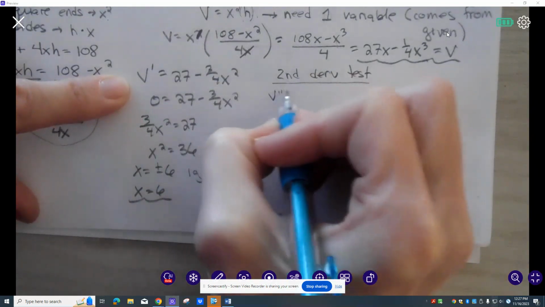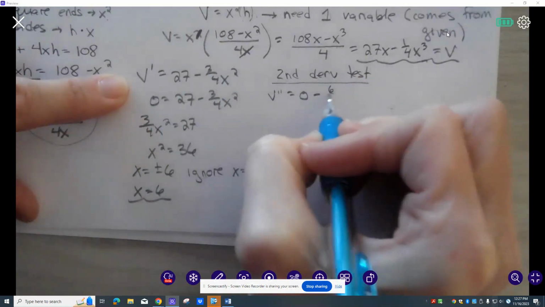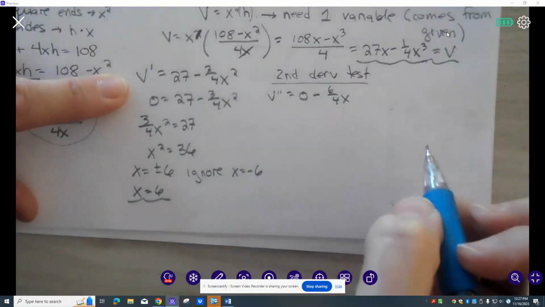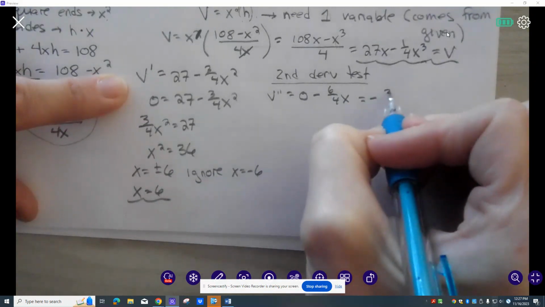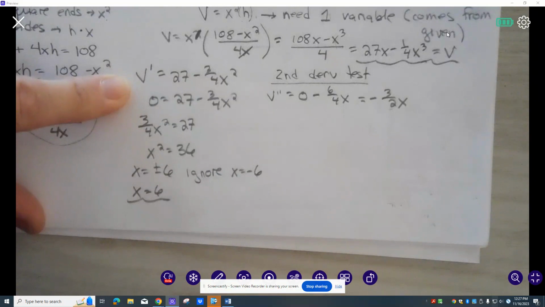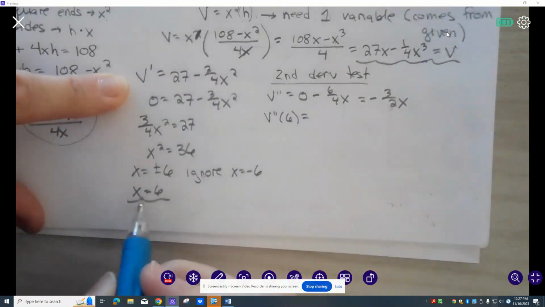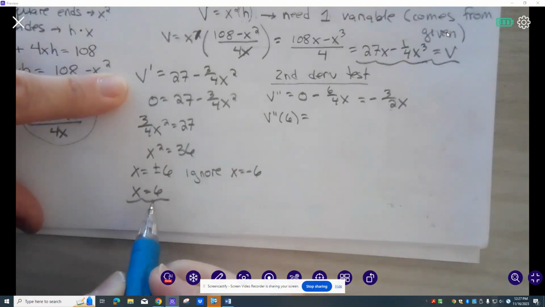The second derivative is 0 minus 6/4 x, or negative 3 over 2 x. Then I evaluate the second derivative at my critical point, 6, and see if I end up with a positive or a negative.